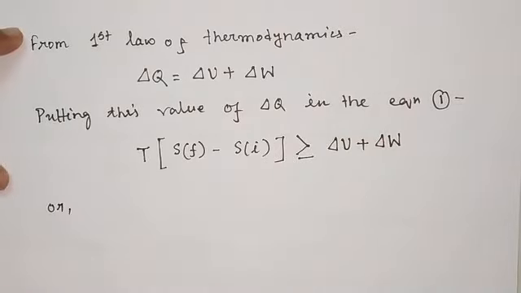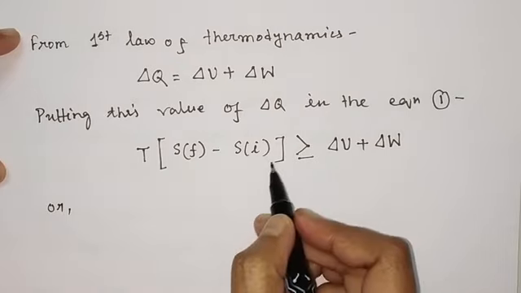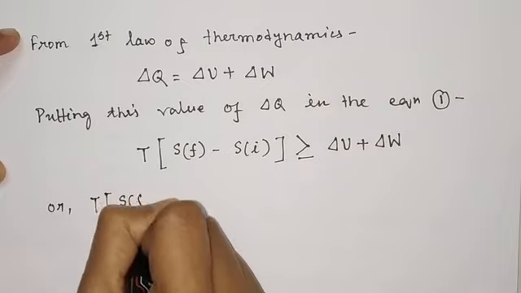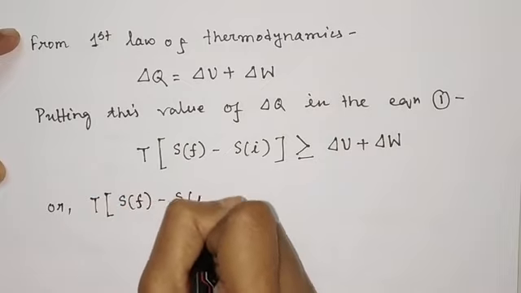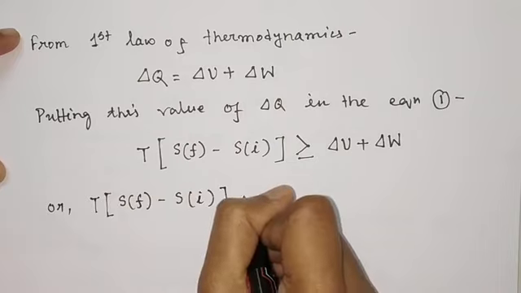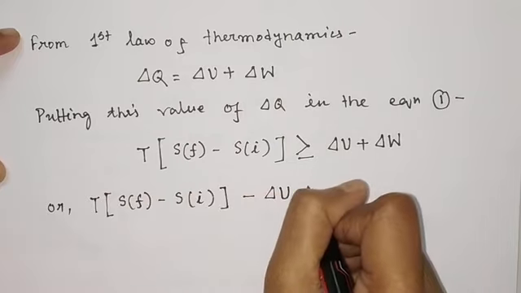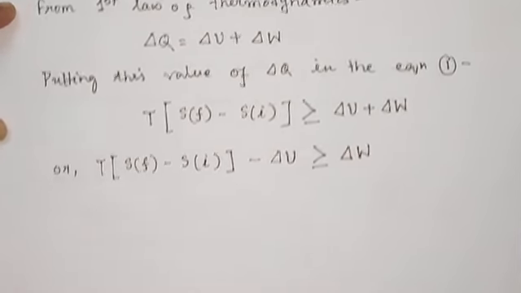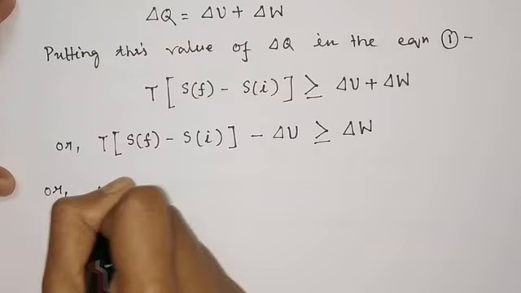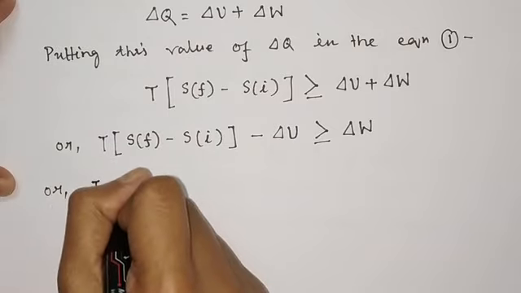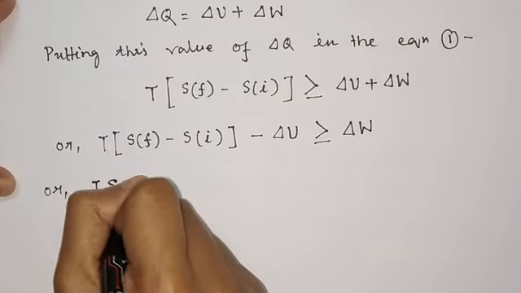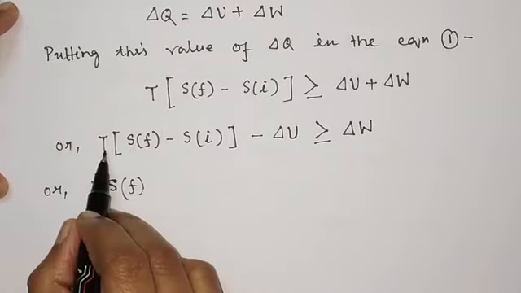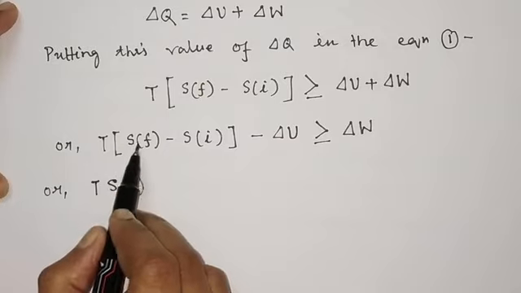Next we'll bring this delta U to the left hand side. So we have T(SF minus SI) minus delta U greater or equal to delta W. Now we'll remove the bracket, so T will be multiplied to both the terms.